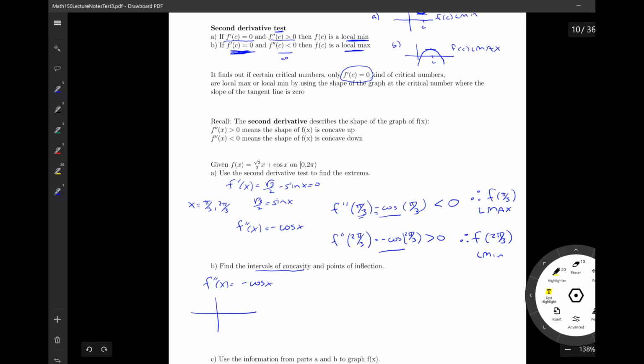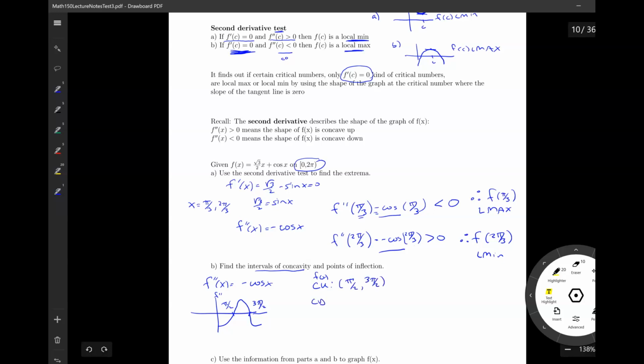I'm going to look at the graph, so I know between 0 and 2 pi, again, that's where we're being asked to look, this would be the second derivative graph, and I know it is 0 at pi over 2 and 3 pi over 2. So where the graph of f of x is concave up, remember we're talking about the function, not this second derivative graph, right? The function is concave up when the second derivative graph is above the x-axis.